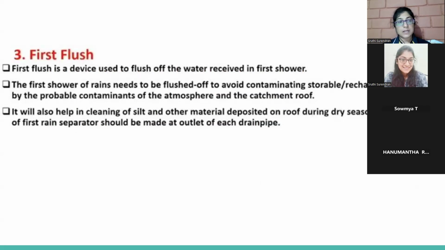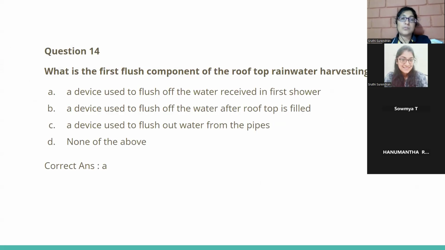So in order to remove that, there is a system that helps in flushing out the water that is received in the first shower. So a device used to flush the water received in the first shower will be the correct answer, option A.